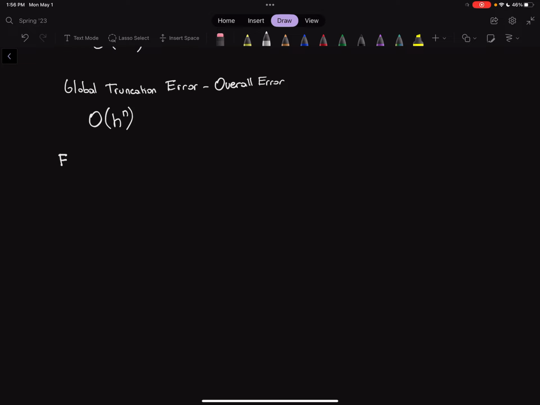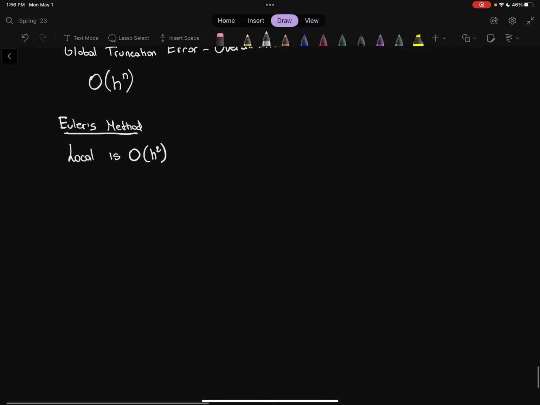So for Euler's method, the local error is the function h squared, and the global is the function h, so one less than that.